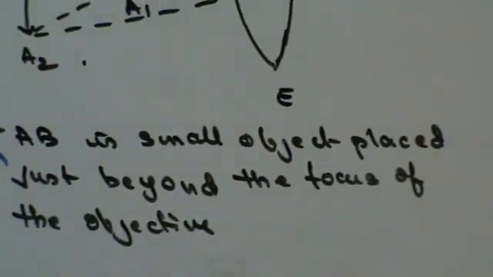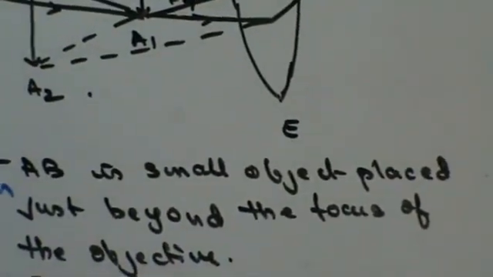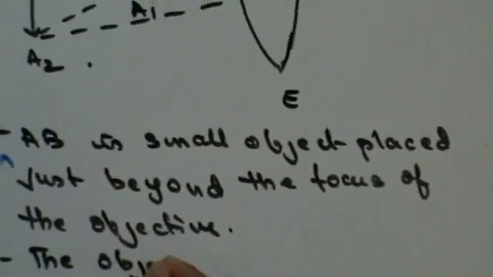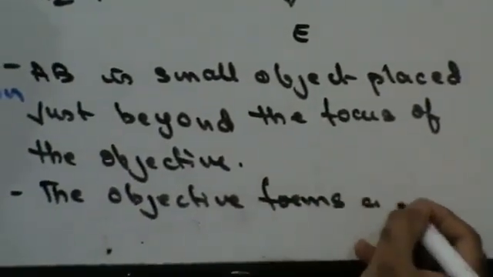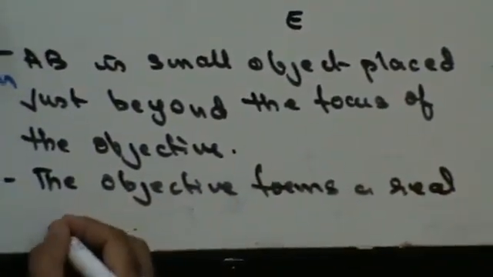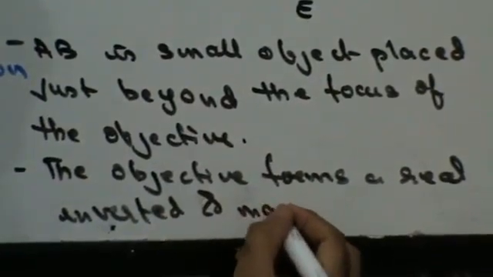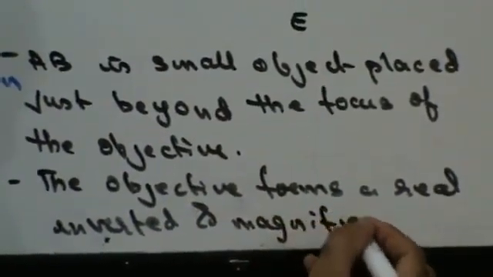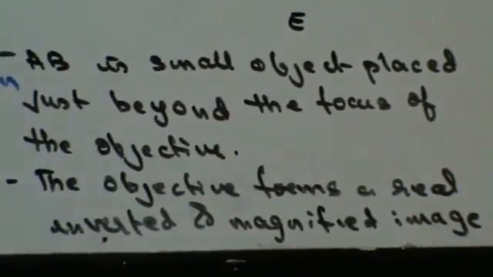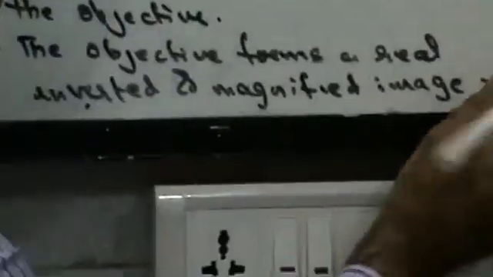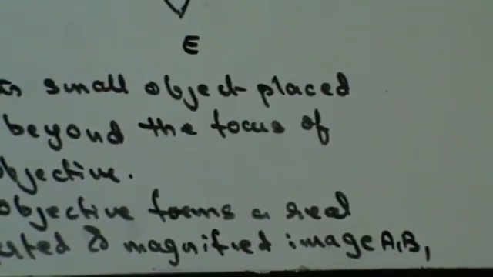The objective forms a real, inverted and magnified image A1 B1. So A1 B1 is going to be the image.